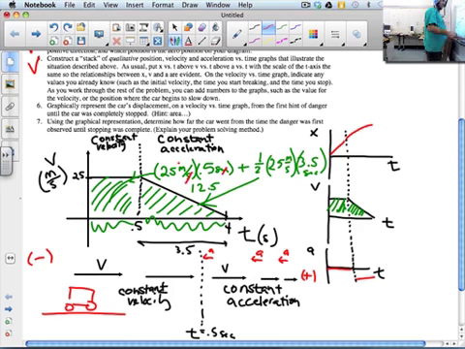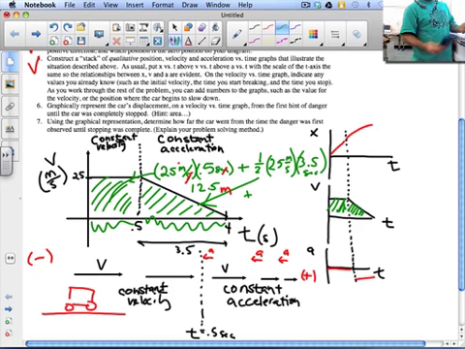So it's going to be 12.5 meters plus, okay, so now we need 12.5 times 3.5. So it's 1/2 times 25 times 3.5.